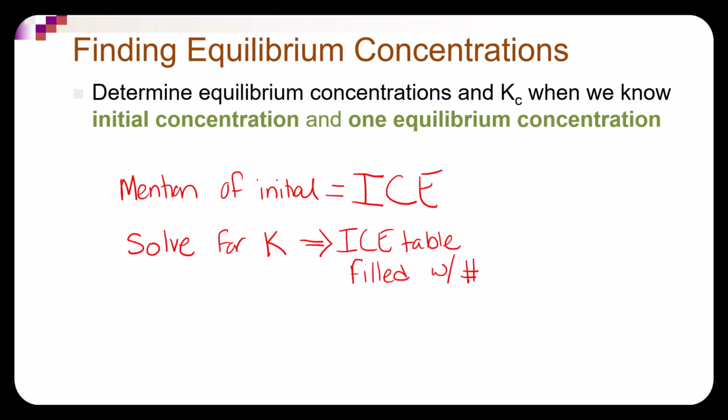This will be like the ones that we did in the lab, where we were able to fill the entire ICE table out with numbers and then plug those numbers into the K equation to solve for K. So if there's a mention of initial and it's asking you to solve for the equilibrium constant K, that will be an ICE table filled with numbers, no X's.